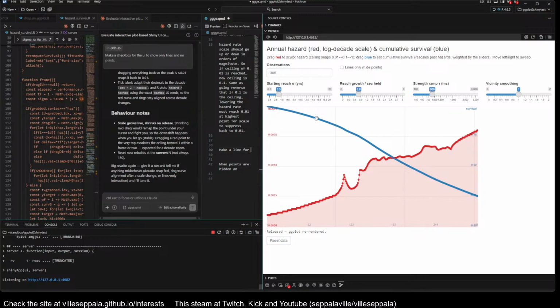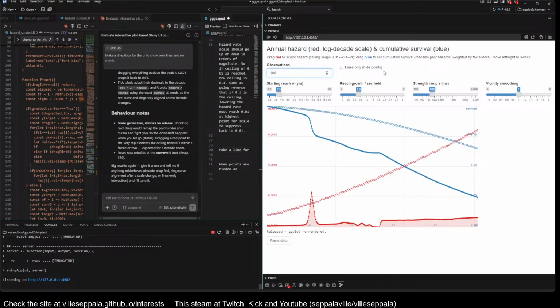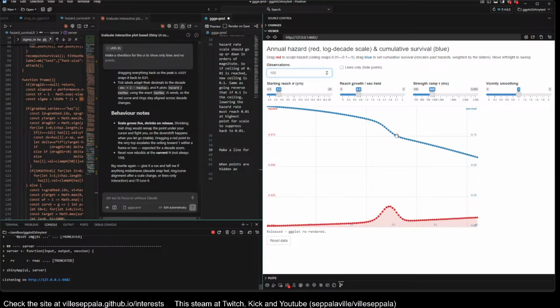Maybe the lines are drawn by, why is this 105? Yeah, they're probably drawn by ggplot2.